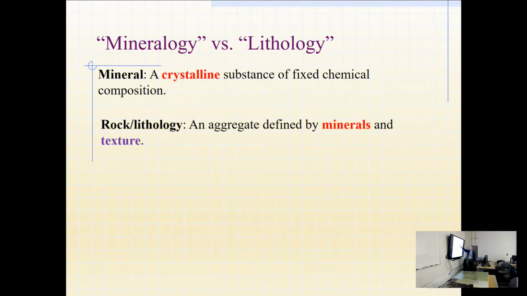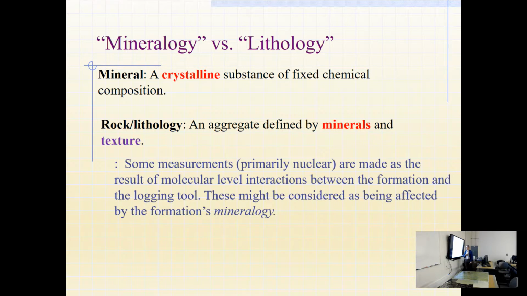Okay, so that's mineral. And a rock is an aggregate defined by minerals and their combination: what types of minerals do you have, and how are they arranged together, which we might call texture. So that's the difference between a rock and a mineral. It's important to make this distinction because some well logs are operating at a molecular or even sub-molecular level. They're looking at atomic level interactions, so they're really responding to the formation's mineralogy.